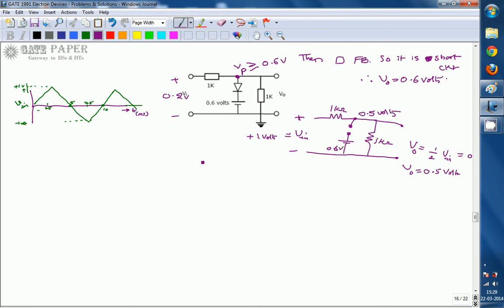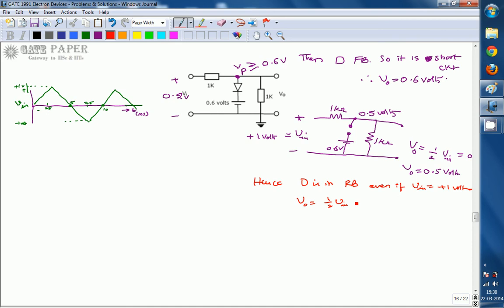So the diode will be under reverse bias. Hence the diode is in reverse bias even if you apply the positive voltage, even if V input is plus 1 volt. That is important. Whenever it is reverse bias, V0 is equal to half of V input. That is the equation we get.